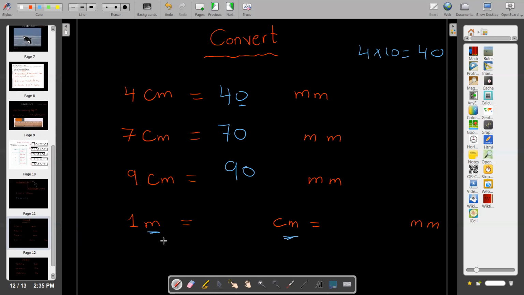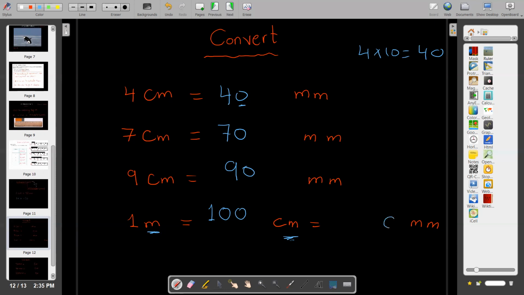Now, 1 meter equals how many centimeters? Now look carefully. This is meter and this is centimeter. We took it in the previous lesson. 1 meter equals 100 centimeters. 100 centimeters equals how many millimeters?